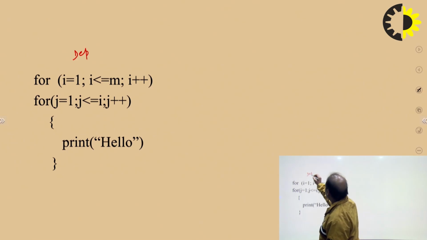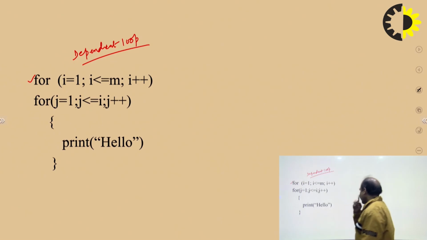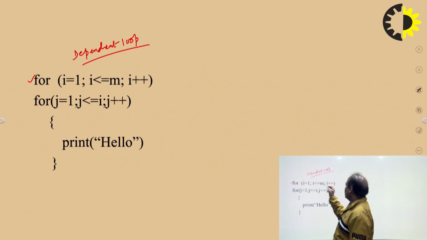This is an example of a dependent loop. Dependent loop in the sense that the number of times the second loop is running is decided by the first loop, because look here, i is less than or equal to m. Now j is depending on i. So let's say m is 2.